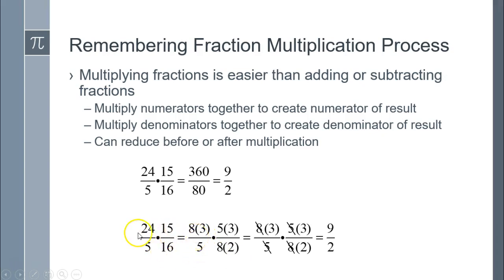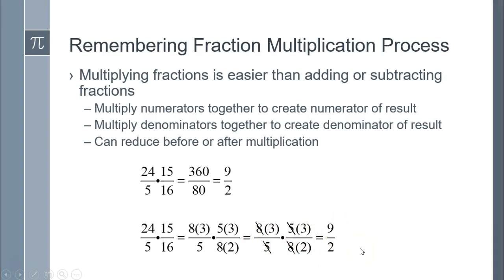You could have prime factored these and gotten 2 times 2 times 2 times 3 up here, and 2 times 2 times 2 times 2 here, and there would have been 3 2's on the top and 3 2's on the bottom. They would have each reduced. But I did it using the 8. So 8 over 8 here gives me a 1. 5 over 5 here gives me a 1, top and bottom. Then I'm only left with the 3 times 3 over 2, and I get the same answer.